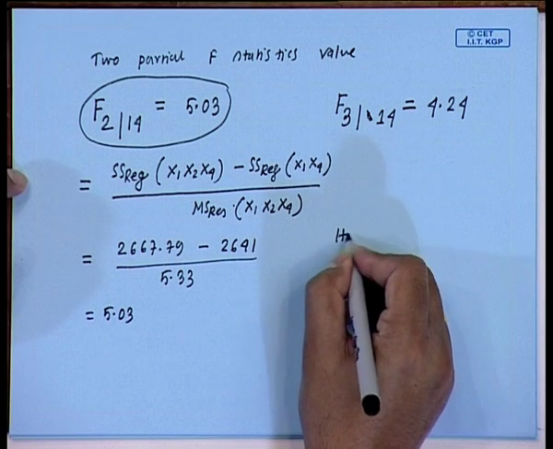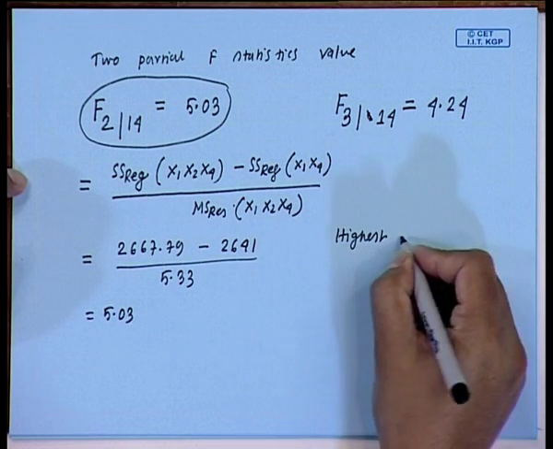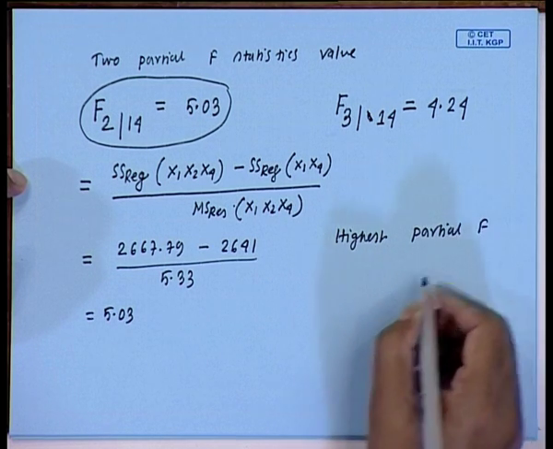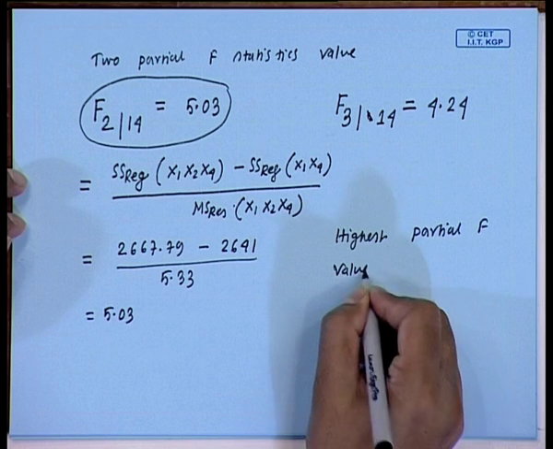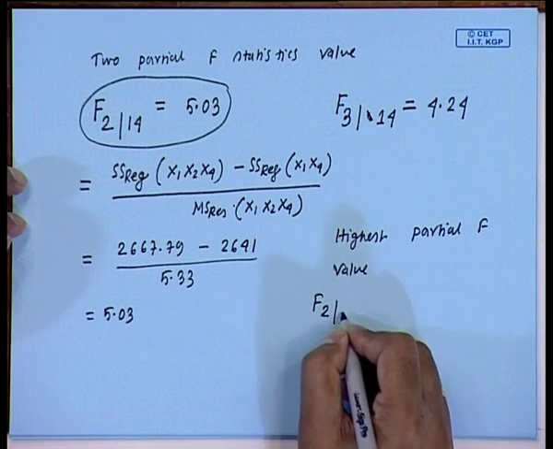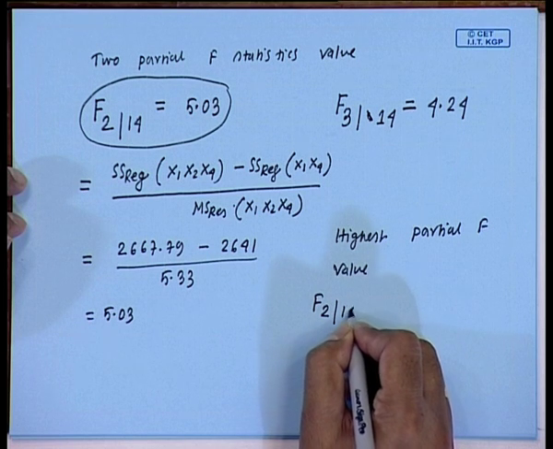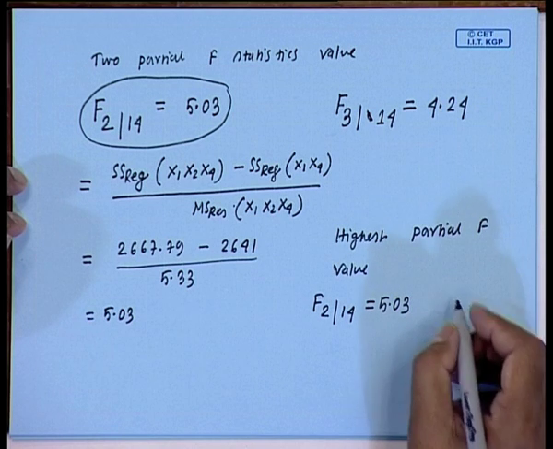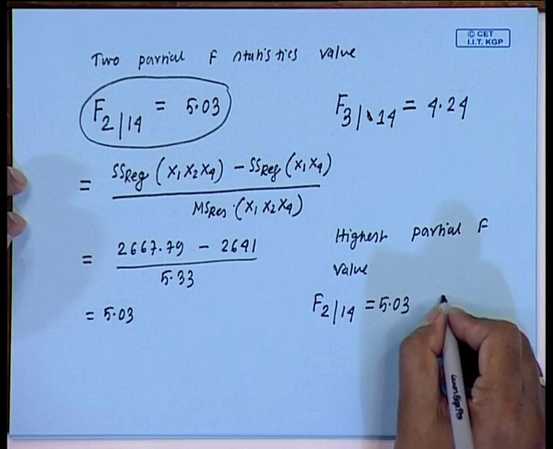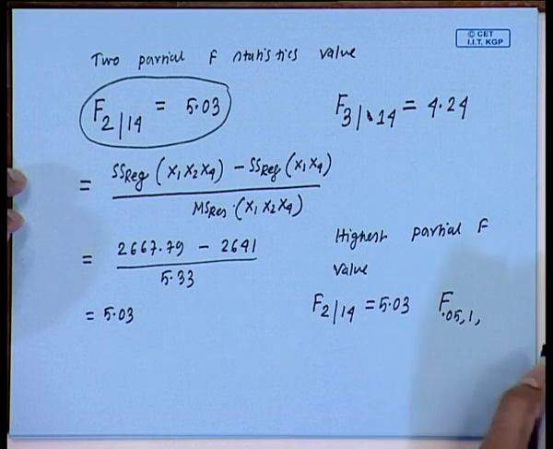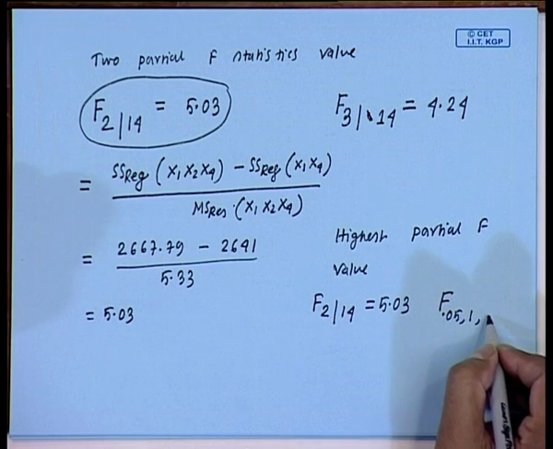So, the highest partial F value is F2 in the presence of x1 and x4 in the model, which is equal to 5.03. Now, what is the tabulated value F 0.05, 1 and the residual degree of freedom?